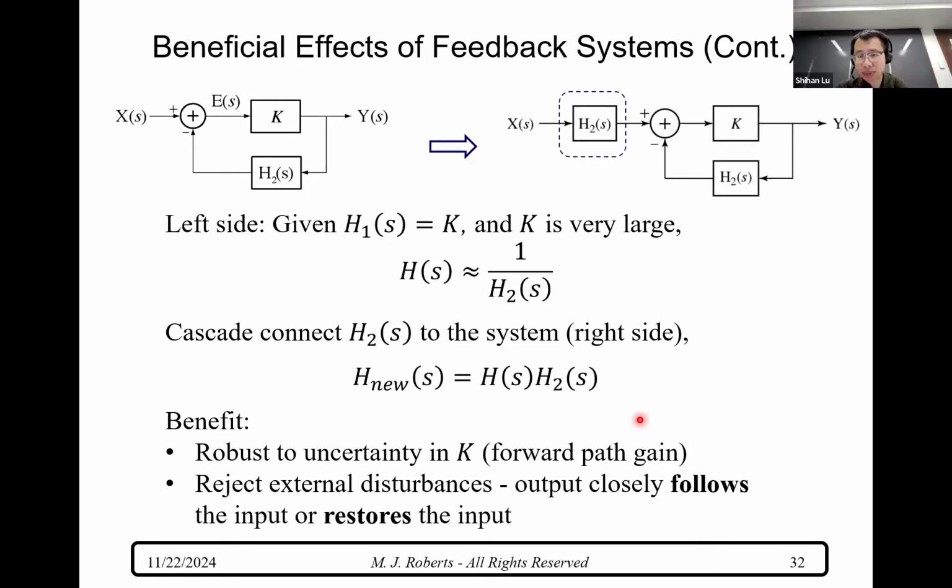over H2 of S. So if we use the cascade property of the transfer function and add an element into the block diagram, linearly cascading another block H2 of S into the system, then the overall effect, or net effect, will be just a 1.